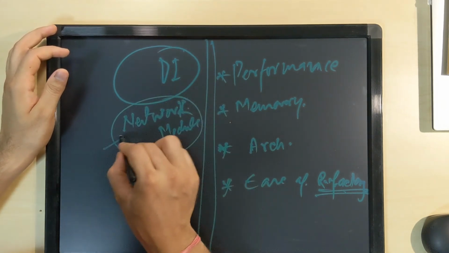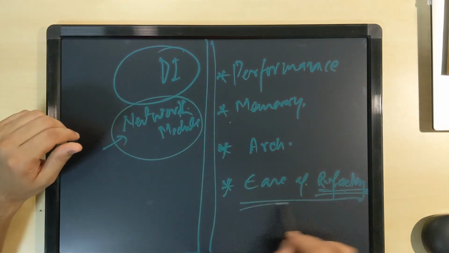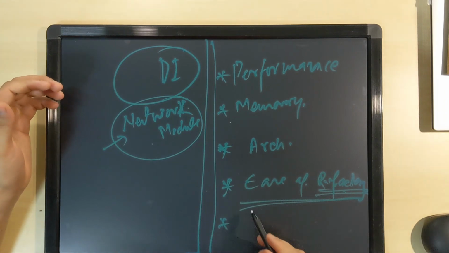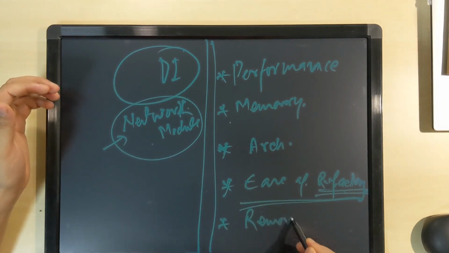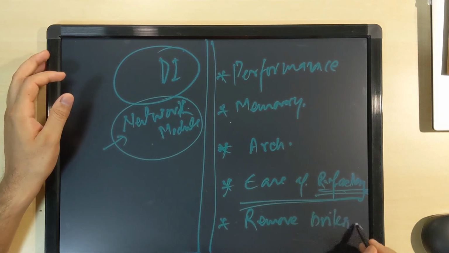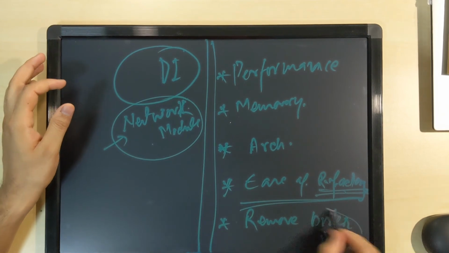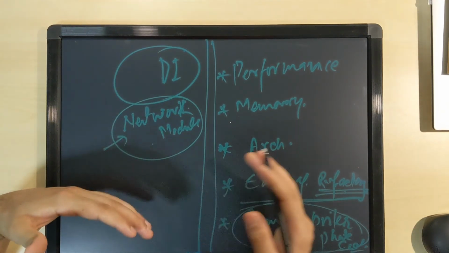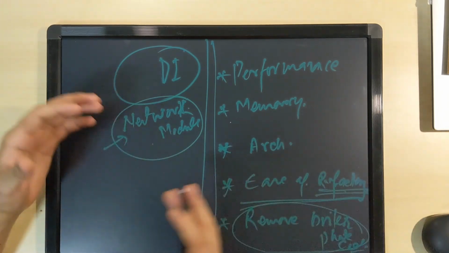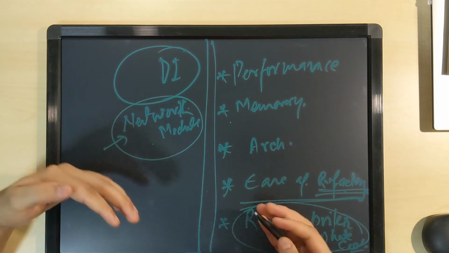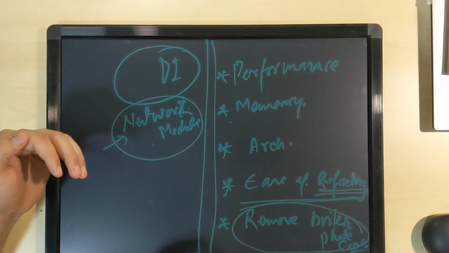You just change a single place, then it's very easy to refactor your code. And of course, remove boilerplate code. I mean, all the unnecessary code will be removed. You need not initialize every class, so it will be removed. So these kinds of things we can get if we use dependency injection.